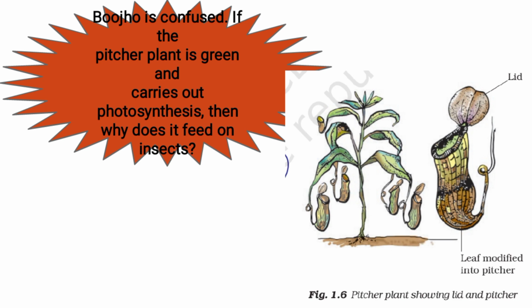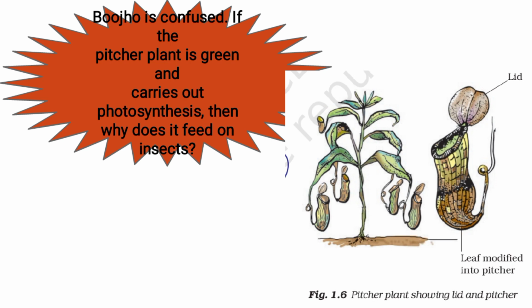When an insect falls in the pitcher, there are some hair-like structures which trap the insect, and once the insect falls inside, the lid gets closed and the hair-like structures secrete some juices which make the insect dry, and that digests the insect.